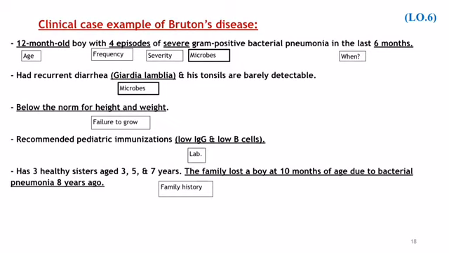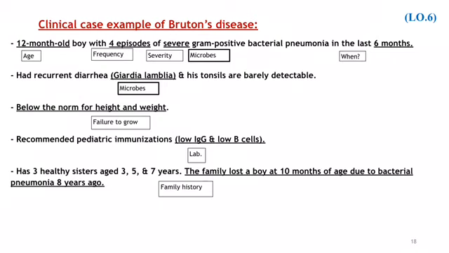Now we have a clinical case example of Protein's disease. I will analyze this case. For example, in the future you will be a doctor with a patient with these signs and symptoms, and you need to know how to analyze this case. We have a 12-month-old boy with 4 episodes of severe gram-positive bacterial pneumonia in the last 6 months.